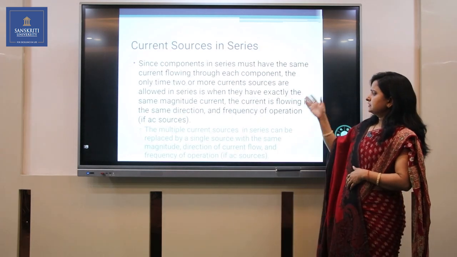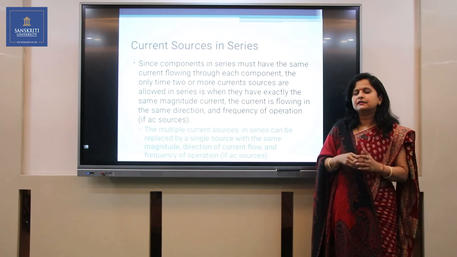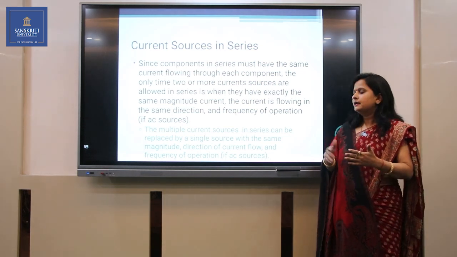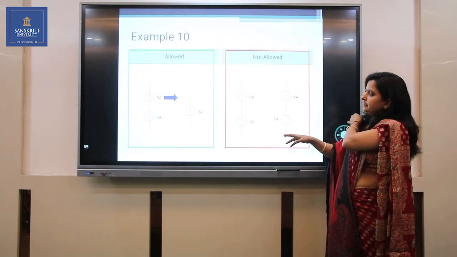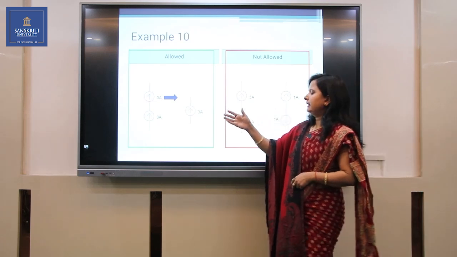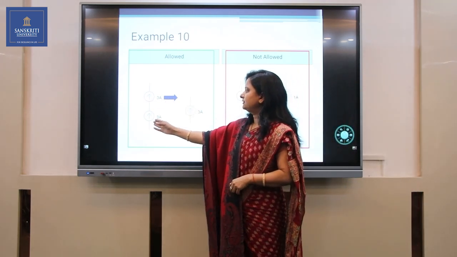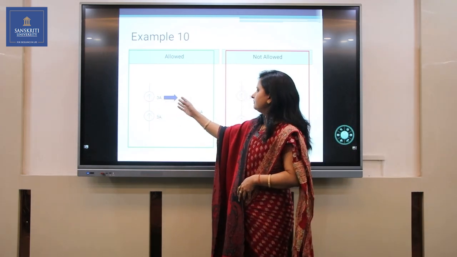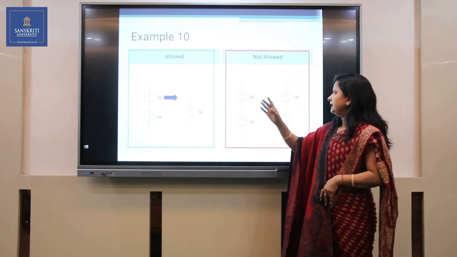So for current sources in series, if we are having some current sources connected in series, then the resultant current will be as it is. Like if a 3 ampere current source and another 3 ampere current source are there, then the resultant current source will be 3 ampere, right?